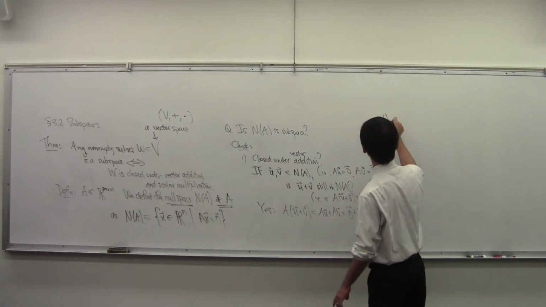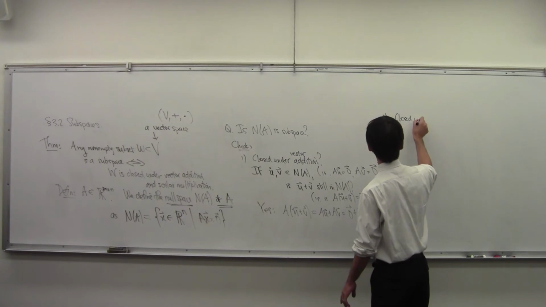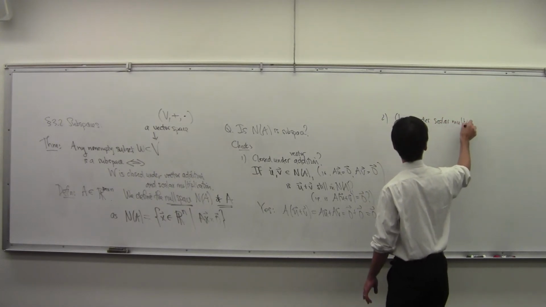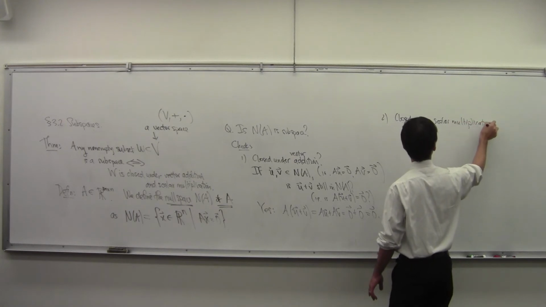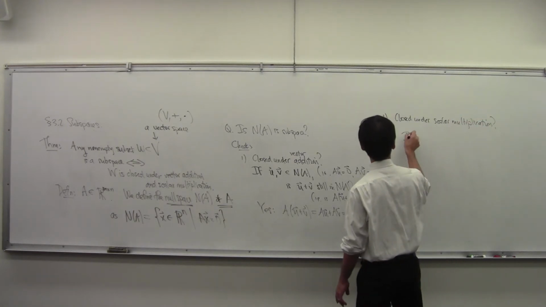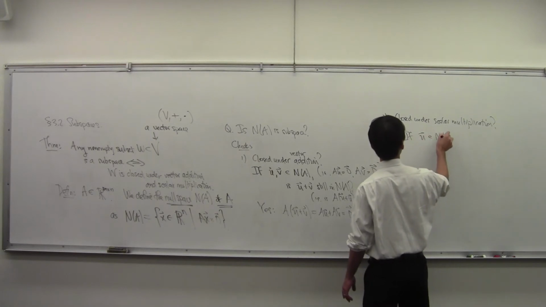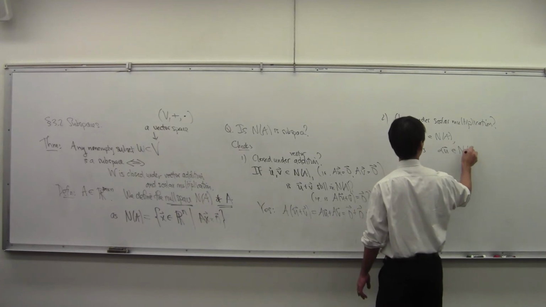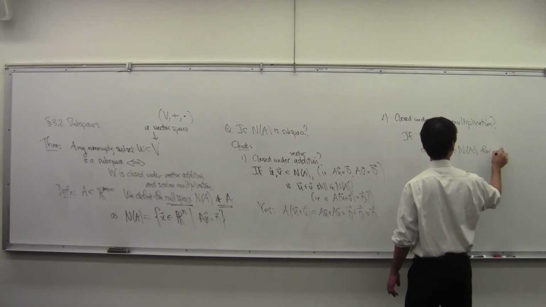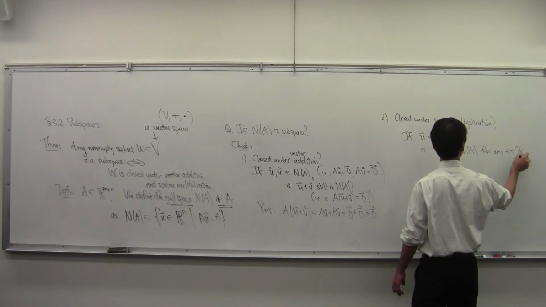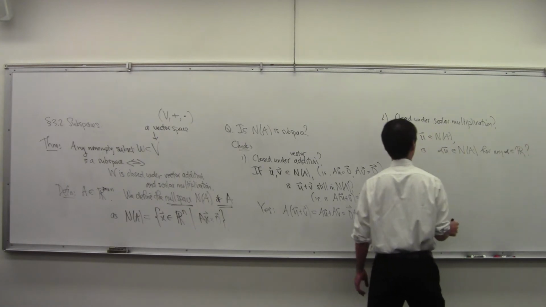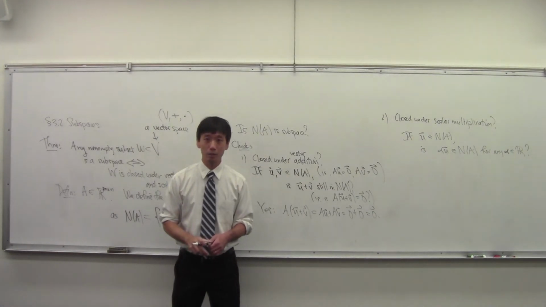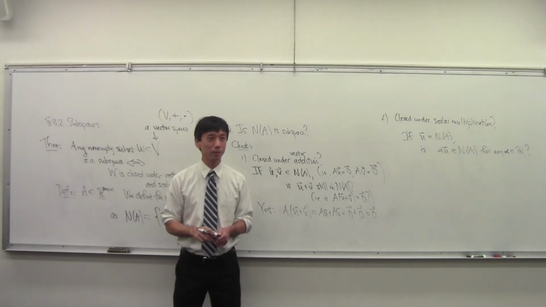Right, so part 2, closed under scalar multiplication. In other words, if U is in the null space, is alpha U in the null space, for any alpha in your set of numbers? So write down something in the next 20 seconds.